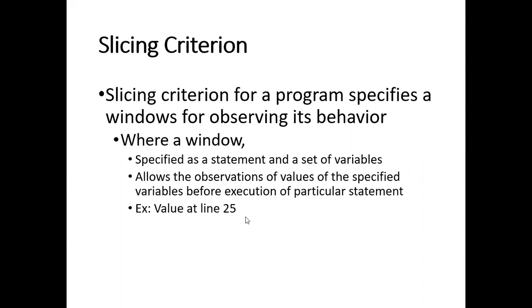So in the slicing criteria, we have some sort of slicing criterion for a given program, right? Technically, we can think of it something like a window, through which we can observe our program behavior, right?